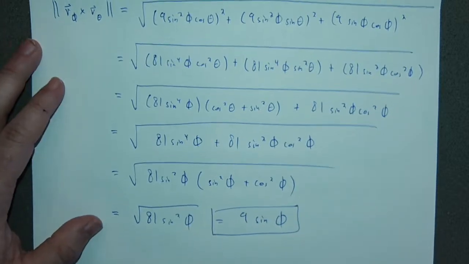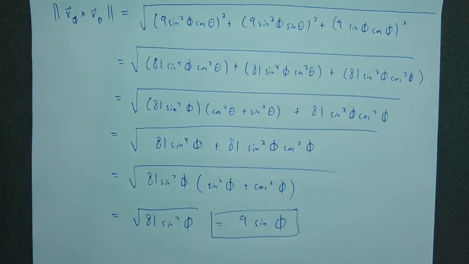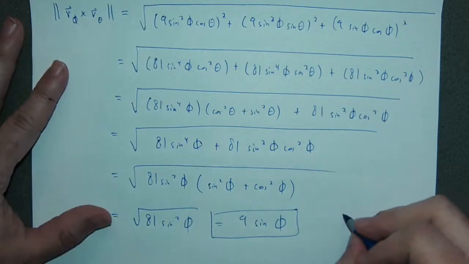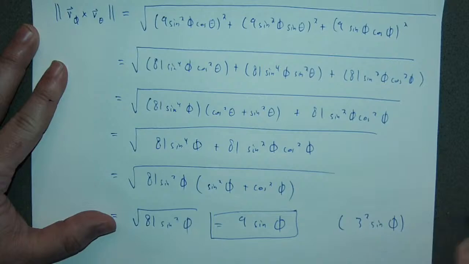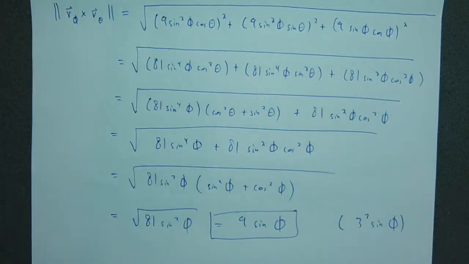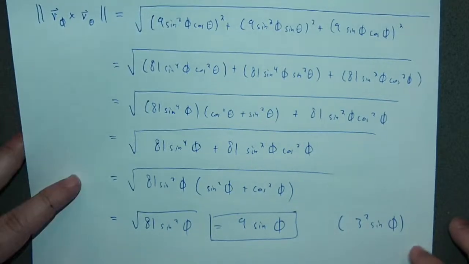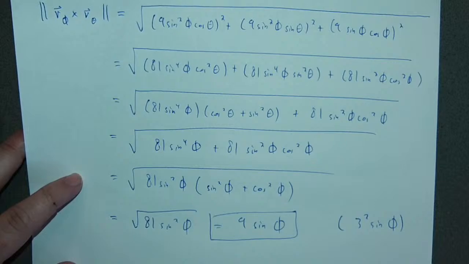Or, right, the enlightened mind might notice that this is 3 squared sine phi. Curious, right? Why is that curious? I will leave that to you to parse through. All right, but anyway, this turned out to be 9 sine phi.